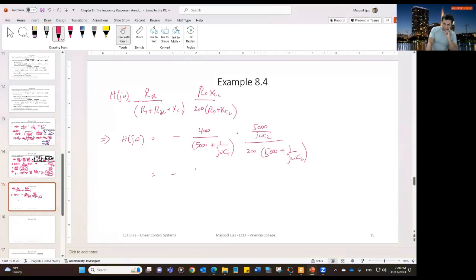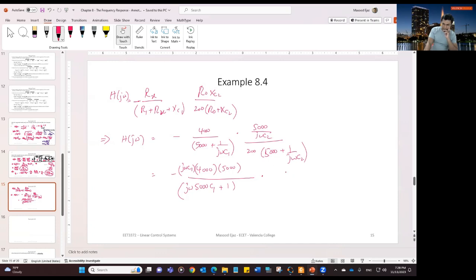All right, so negative 4,000 times 5,000. And I'm going to simplify this. j omega C1, so 5,000 j omega C1 plus 1, over j omega C1, times j omega C2 multiplied by this.